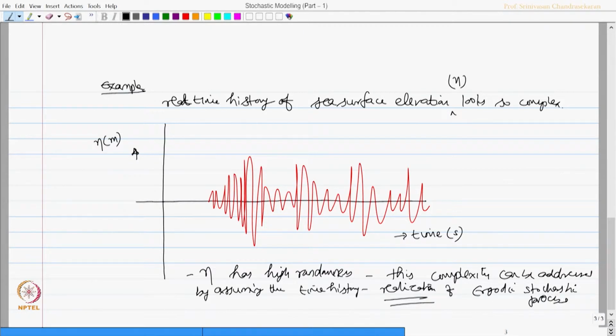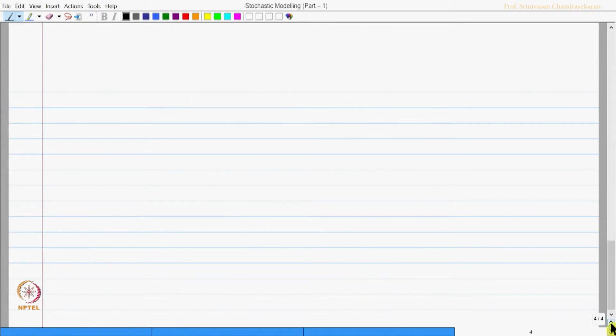I think we clearly know what is ergodic and what is stochastic now. So, the complexity in the time history can be addressed more or less in a simple form by considering realization values of an ergodic stochastic process.